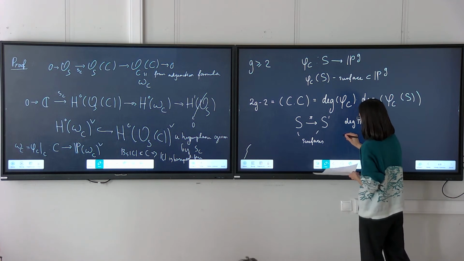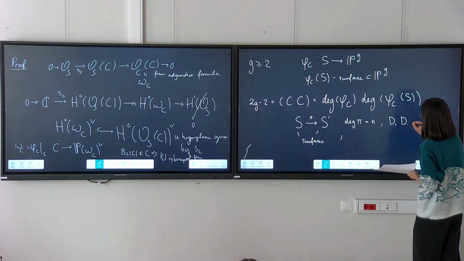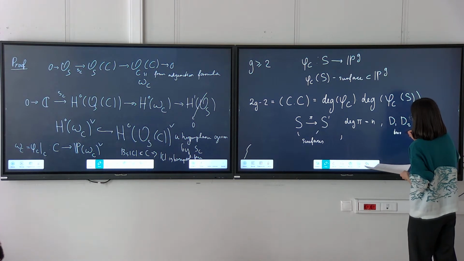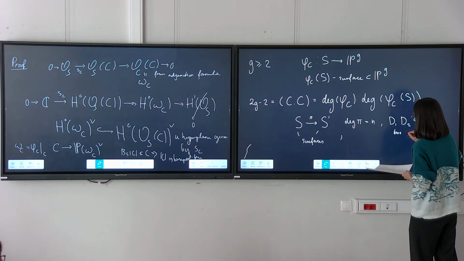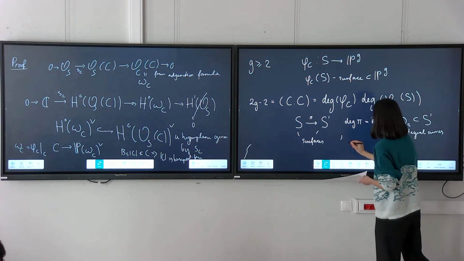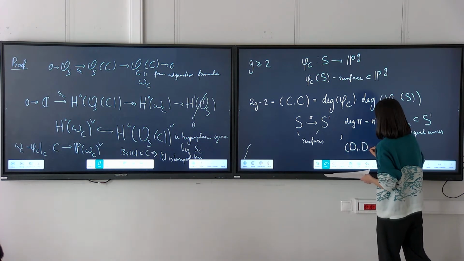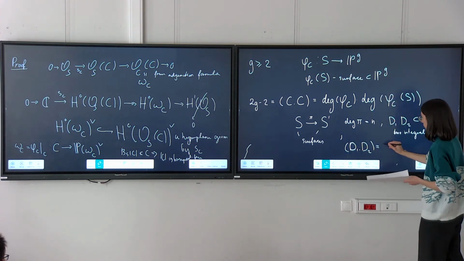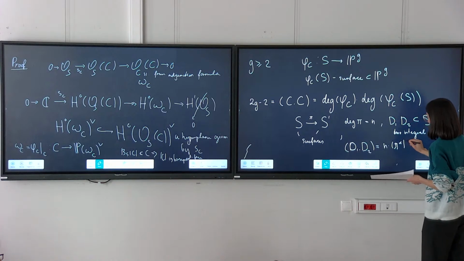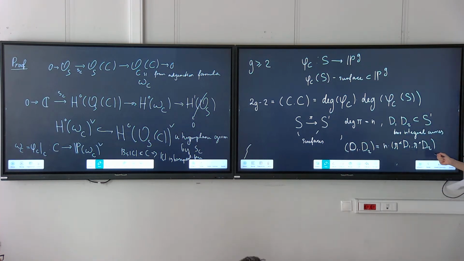Then I claim that if we have two divisors, D1, D2, two effective divisors, no, for simplicity, two integral curves, then their intersection D1 D2 will be equal to n times the intersection of their inverse images.